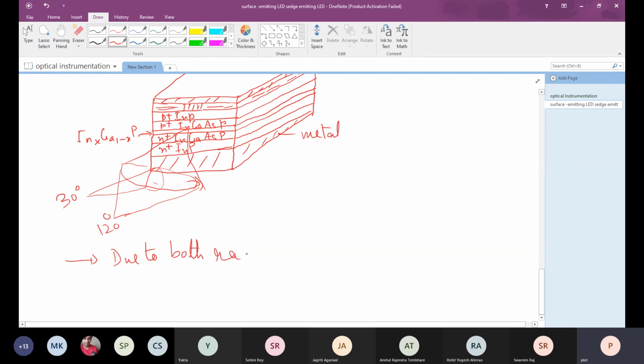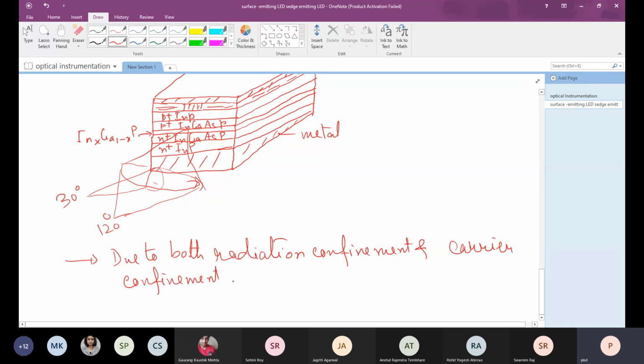Due to both, the efficiency of the device improves.